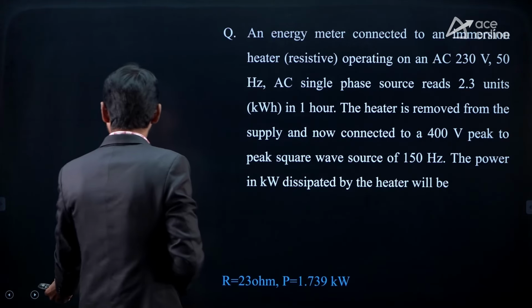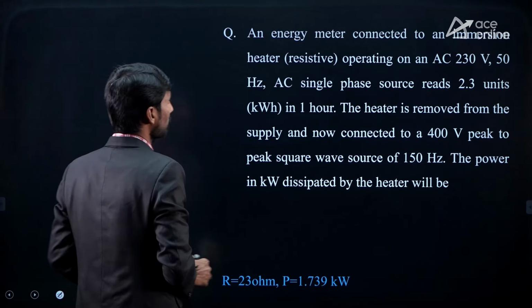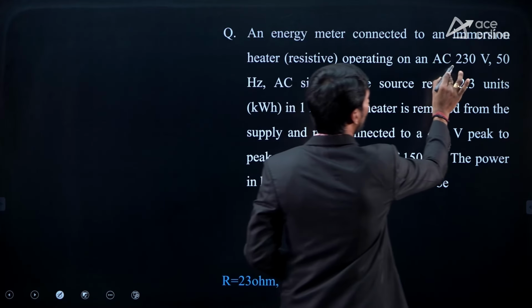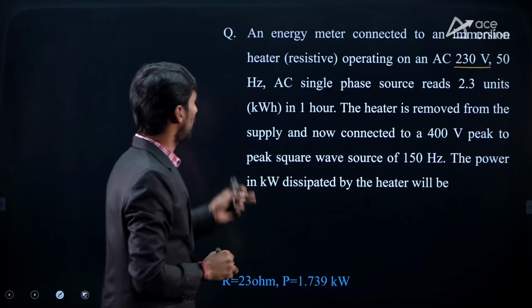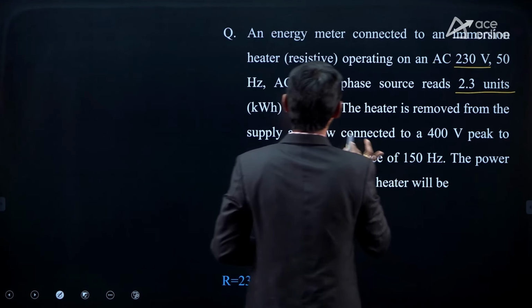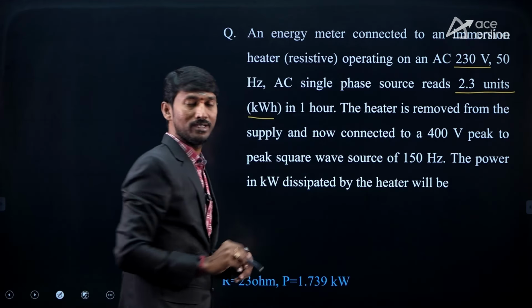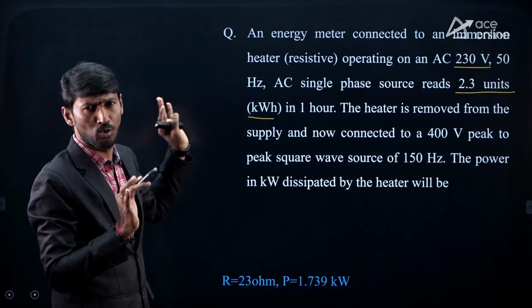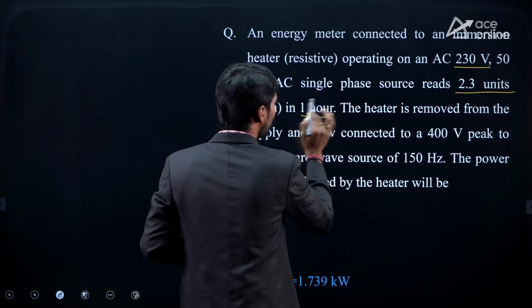Next one. An energy meter connected to an immersion heater resistor operating on 230 volt 50 Hz AC single phase source reads 2.3 units. For your idea, unit means kilowatt hour is also given. Said safely, no headache at all. And 1 hour of time.